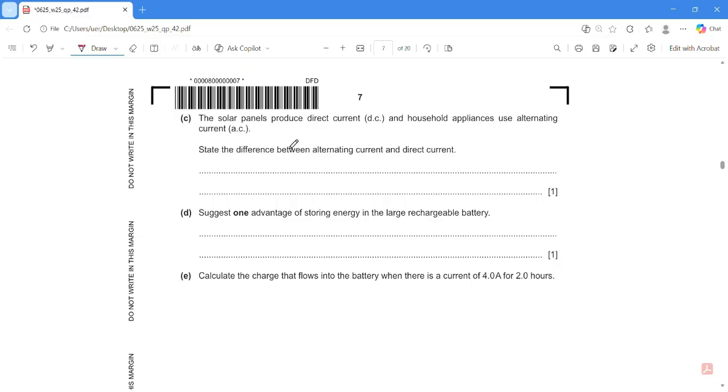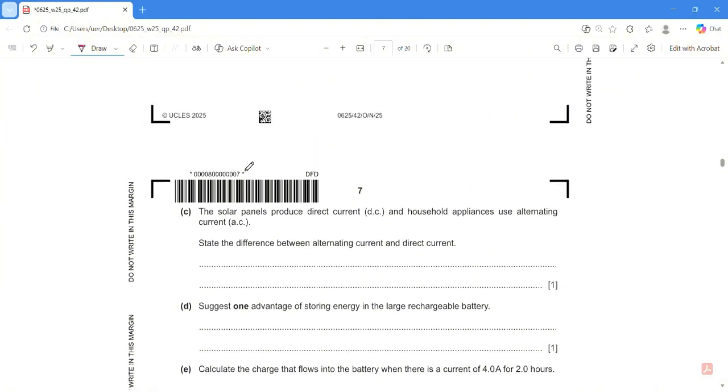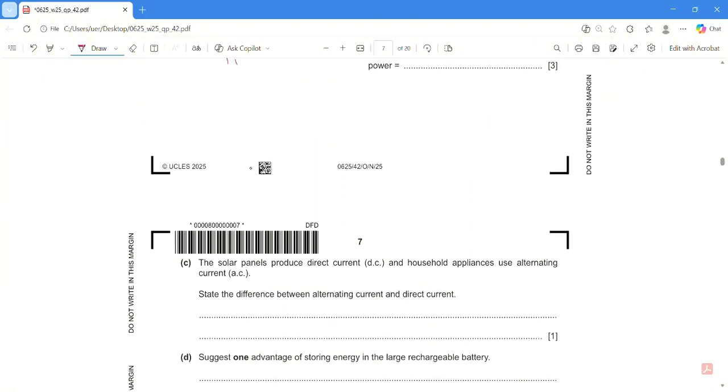Question C. The solar panel produces direct current and households use AC. State the difference between AC and DC. Okay guys, so what's AC, what's DC? Okay, so DC is basically like your battery. It provides the same amount of voltage throughout the time. For example 5 volt, okay, constantly 5 volt.